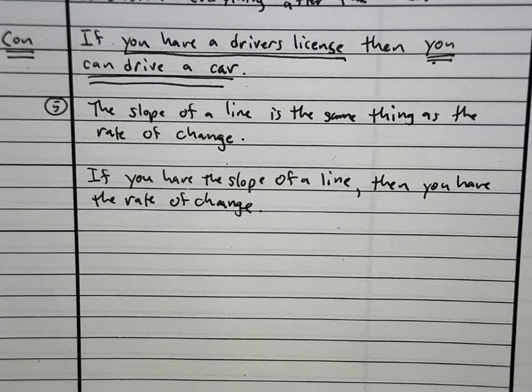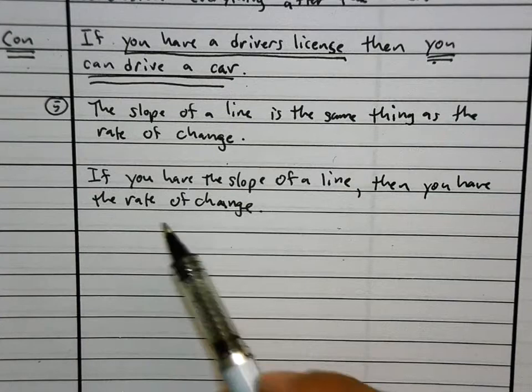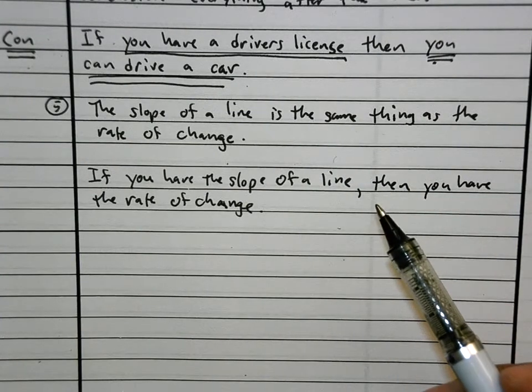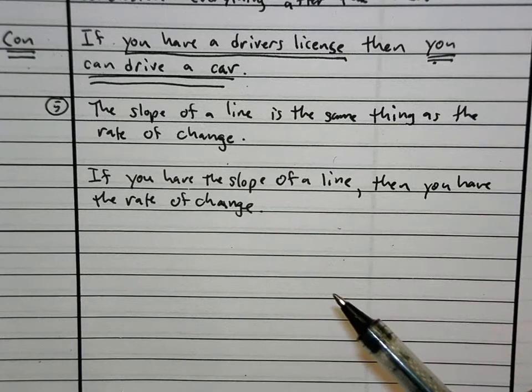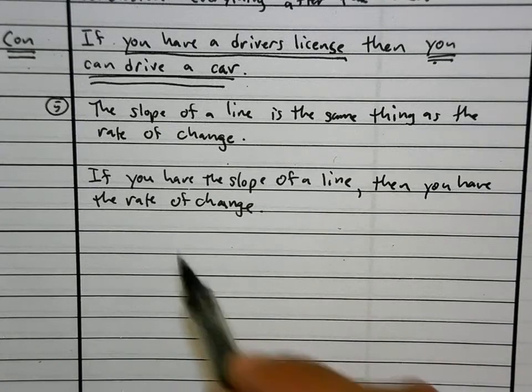All you have to do on number 5 is add the words if and then and still make the sentence make sense. Read it. Make sure that it's understandable. Use common sense here. If you have the slope of a line, then you have the rate of change. I didn't write the same thing as. I chose not to. You could have tried to incorporate it, but it just made more sense when I deleted those words. And now this is conditional.